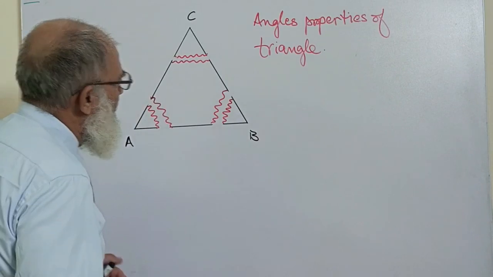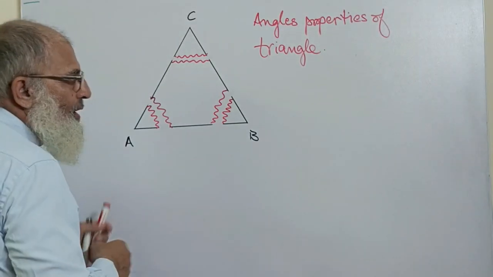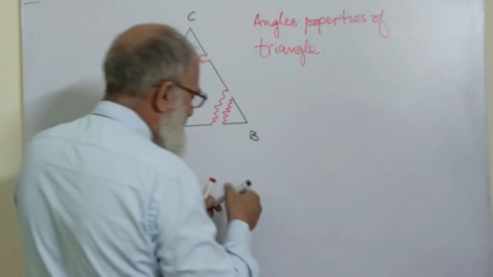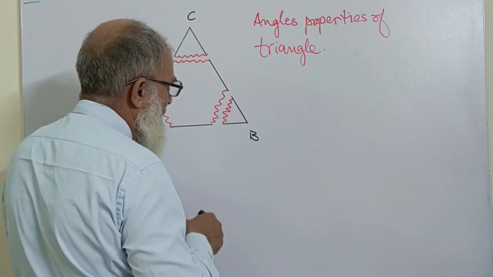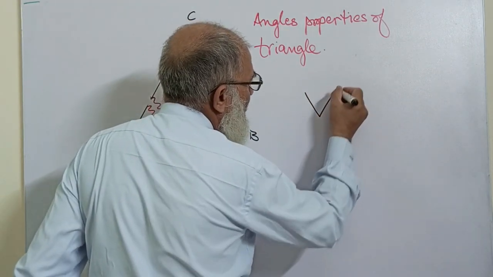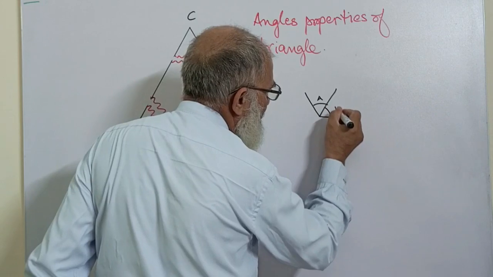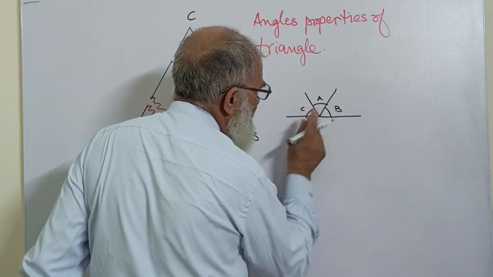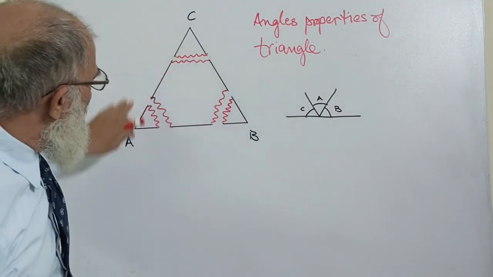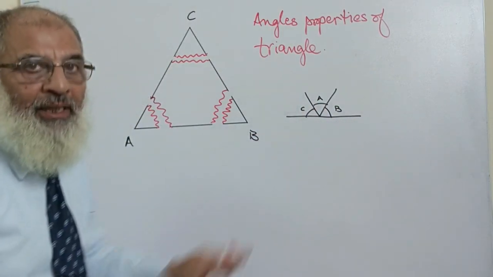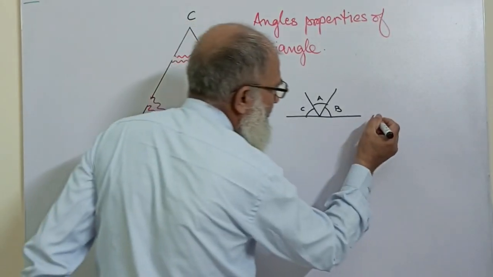Just take a look at this. If I join these angles together, this is angle A, this is angle B, and this is angle C. We have been told that if we add up these angles, it will come to 180 degrees.